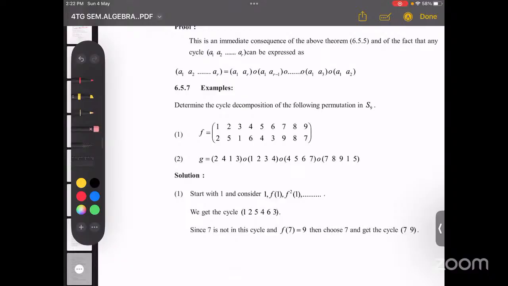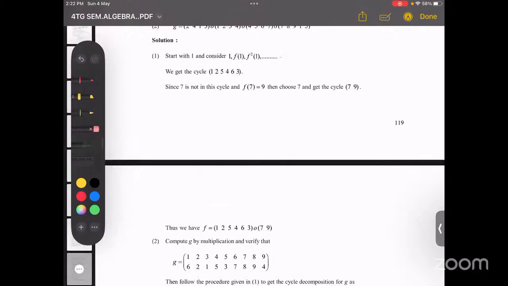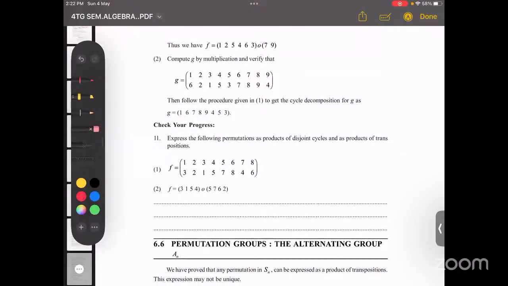And even the question will be asked like this also: write in the disjoint cycles. So for that the solution is given. You can see that here: express the following permutations as a product of disjoint cycles and as a product of transpositions.